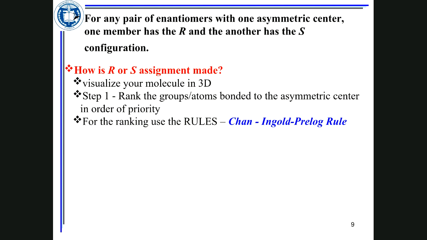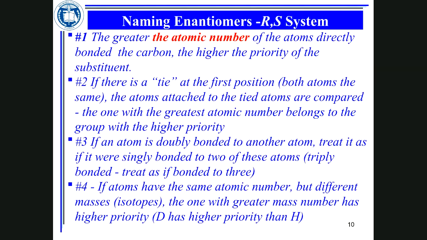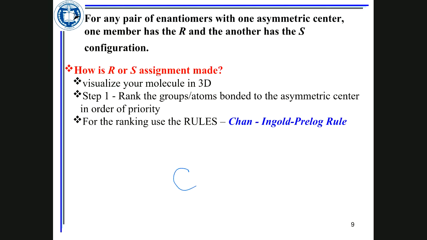Now, how do you assign priority for groups attached to the chiral carbon? Rule number 1, let me just put in one example here. Let's say you have a carbon with bromine attached, with CH2, CH3, and hydrogen attached.